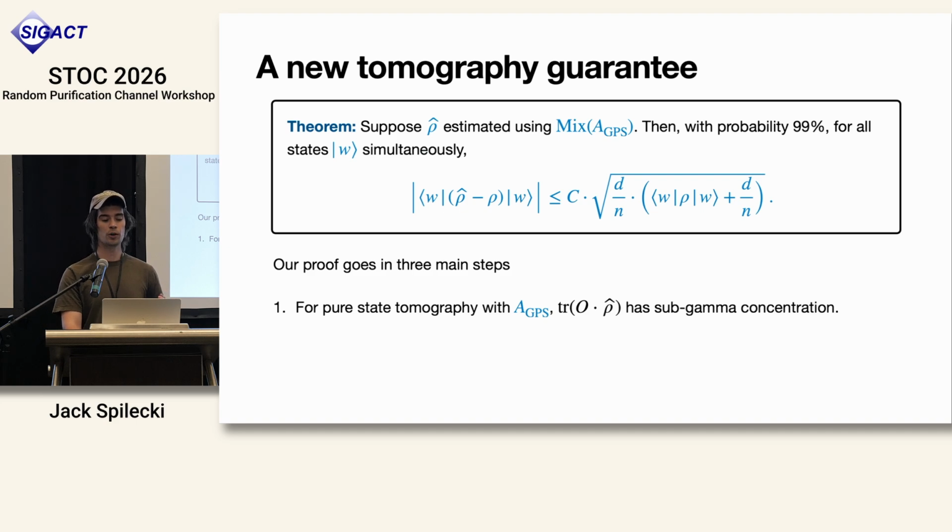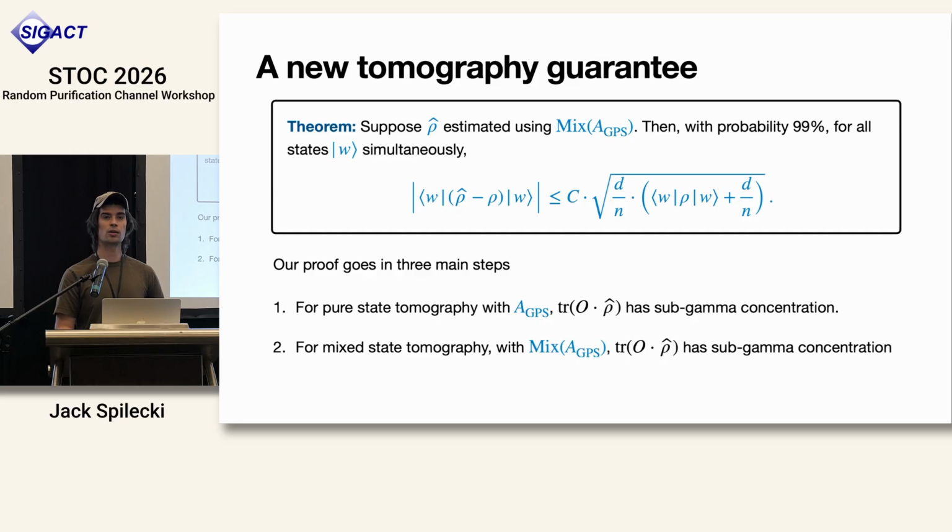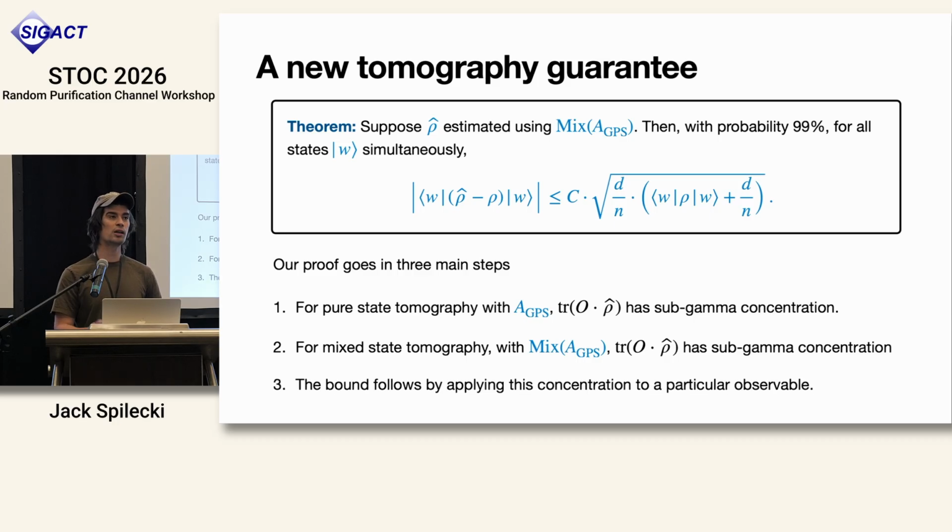The way our proof goes is by showing a result for pure state tomography with the GPS algorithm, showing that observables have sub-gamma concentration. And then using our mix framework to have mix of GPS inherit this. And that step there is actually quite simple. And finally, we apply the bound to a particular observable.